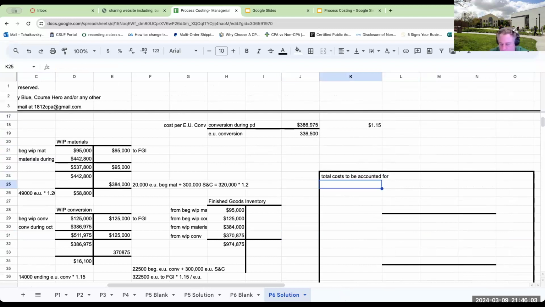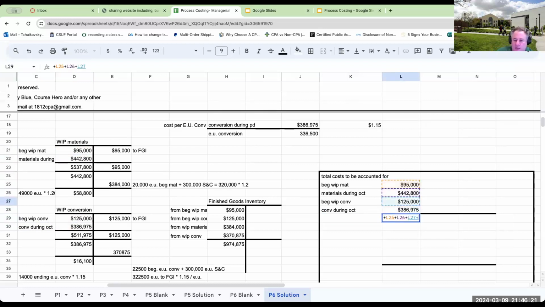You do not have to do this step, but it's a way of making sure we did this question correctly. If I look at what was in my beginning WIP materials, my materials during the month, my 125, my 386,975, and I add all of these up, I get 1,049,775.